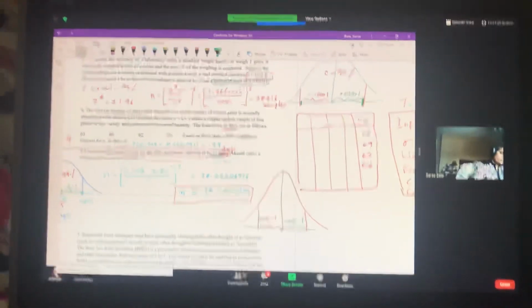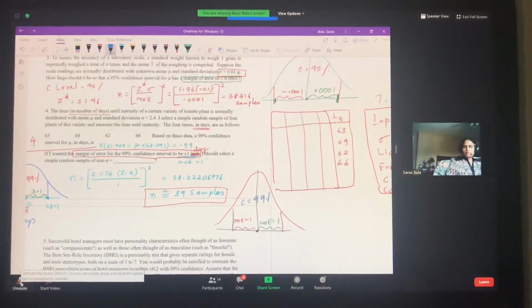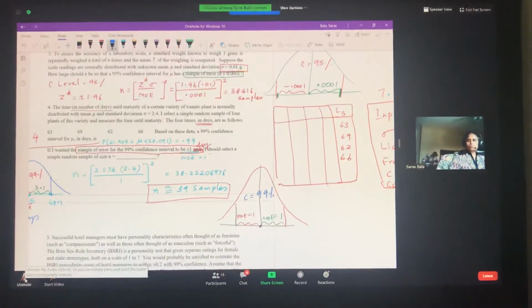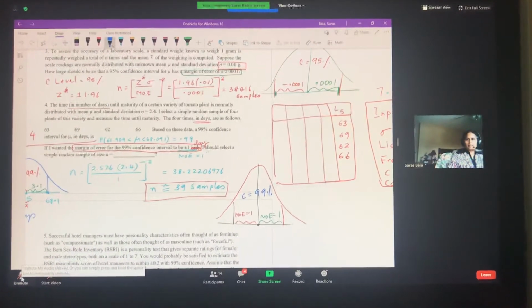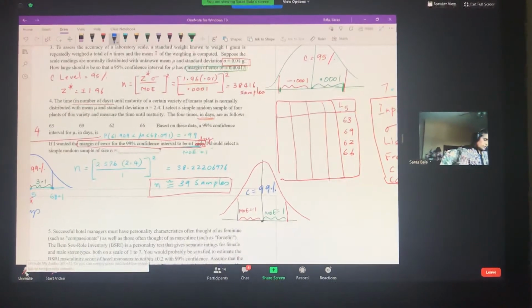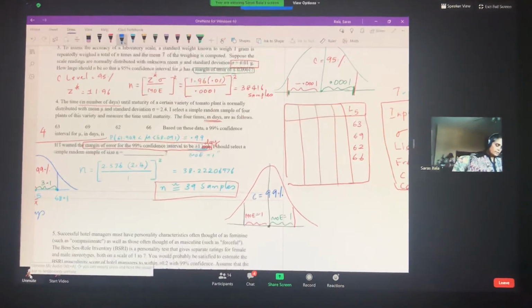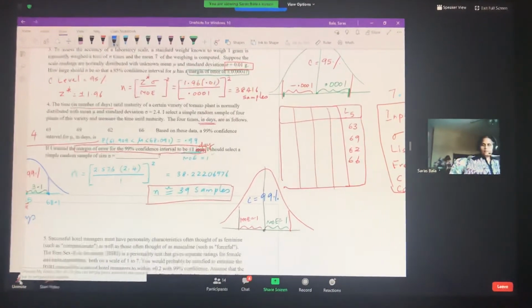So with the same confidence level, you're restricting the margin of error to 1 day on either side. So the same concept, and you can try all these problems. The answer is there.